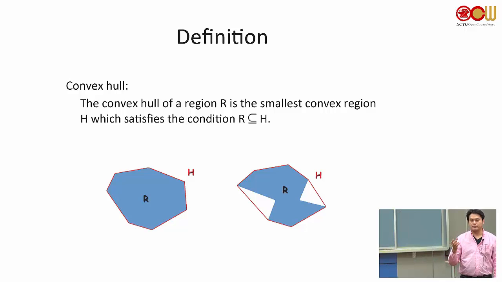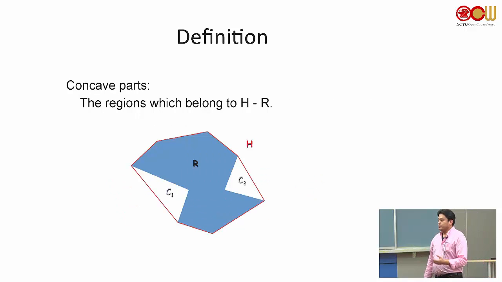We mentioned convex earlier, right? So in some cases the region is not convex, and it will have parts that are concave, dented inward. Okay, so this is called the concave parts of the region. We can see, here, C1 and C2.